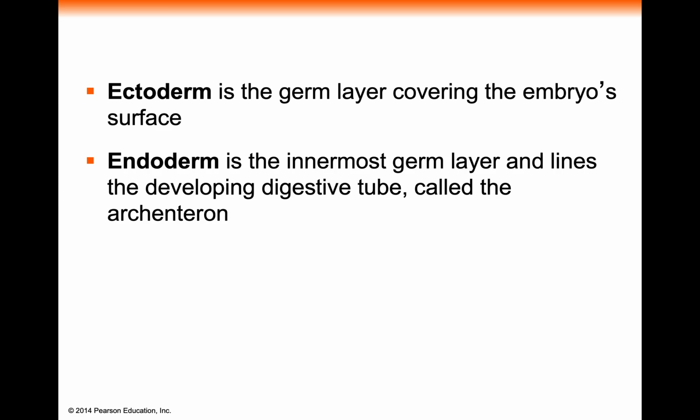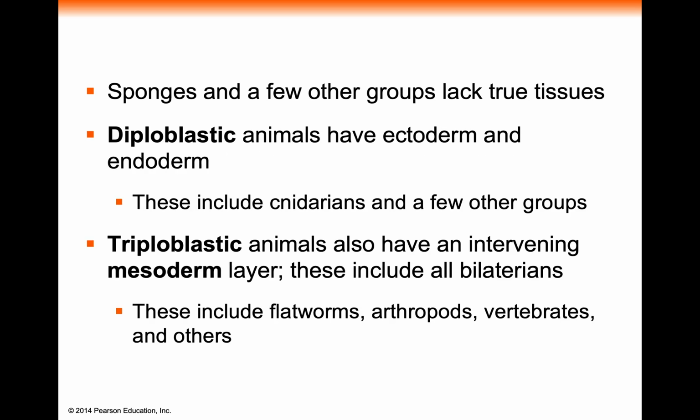Now, another tissue that comes from that is the nervous system, because a little bit of this tissue folds in and becomes the nerve cells. The endoderm is the innermost, and that basically is going to become your digestive tube. And so animals that have 2 layers are going to be diploblastic. Sponges and a few other groups lack true tissues.